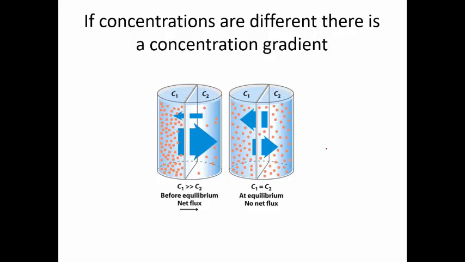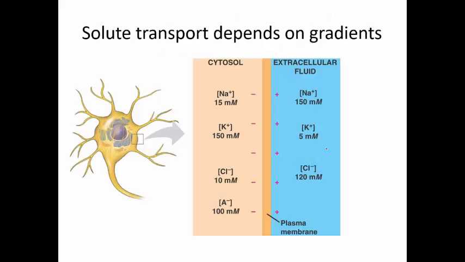So concentration gradients are one important aspect of why we might need active transport. If you want to move them from the side where it's lower to the side where it's higher, you're going to be fighting that concentration gradient.